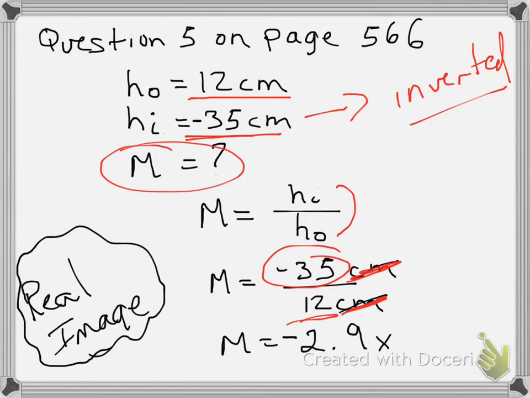So in this case, this is a negative 2.9 times. That's just the amount of magnification happening in the object. Now, if you drew this out and looked at the diagram, you would realize that this is going to be a real image. It would be able to be captured on a screen.